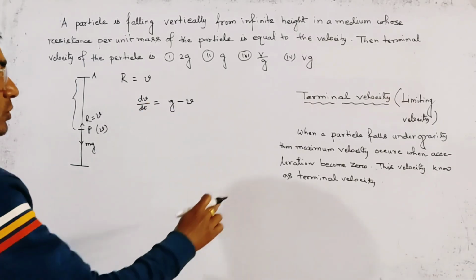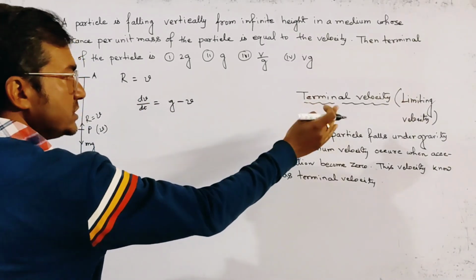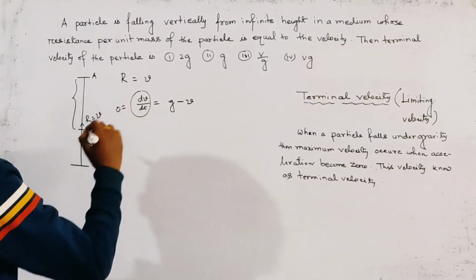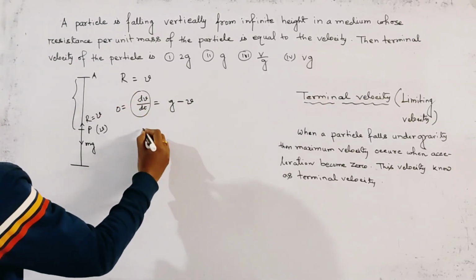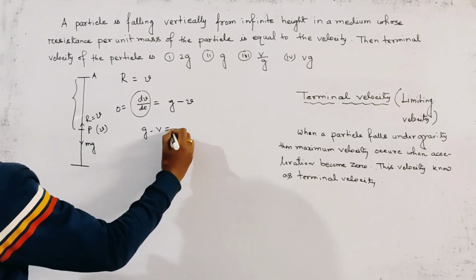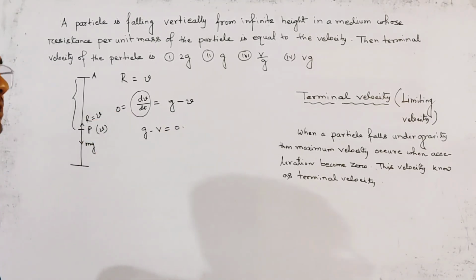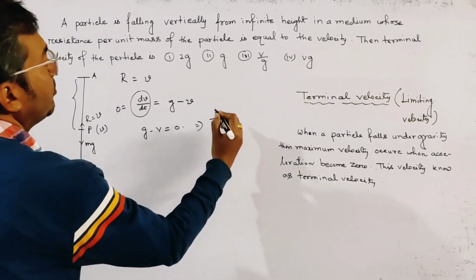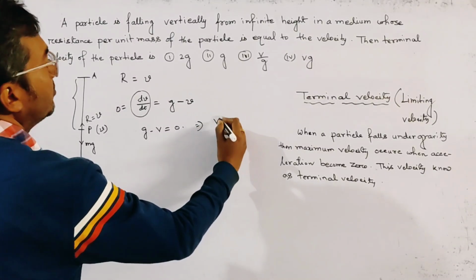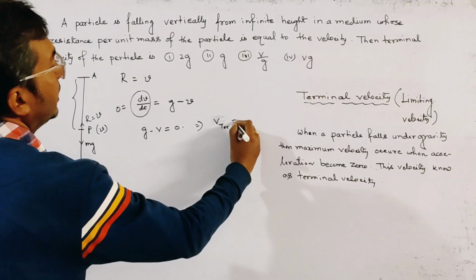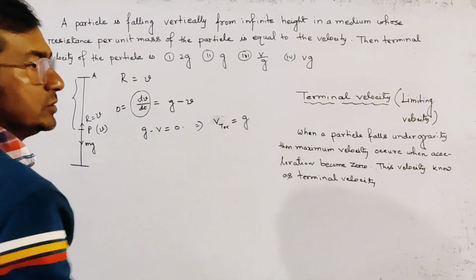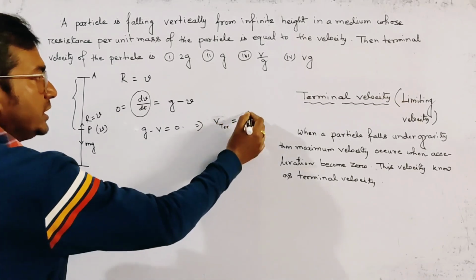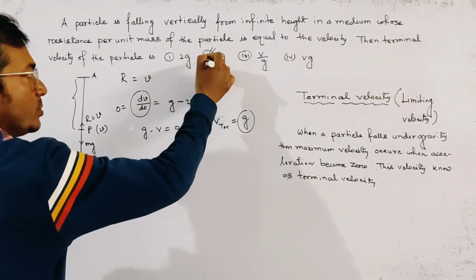Now, to find the terminal velocity, we simply put the acceleration dv/dt equal to 0, and we get g minus v equals 0. Let V be the terminal velocity; clearly V terminal is equal to g. So the terminal velocity of the particle in this motion is g, and our correct option is option number 2.